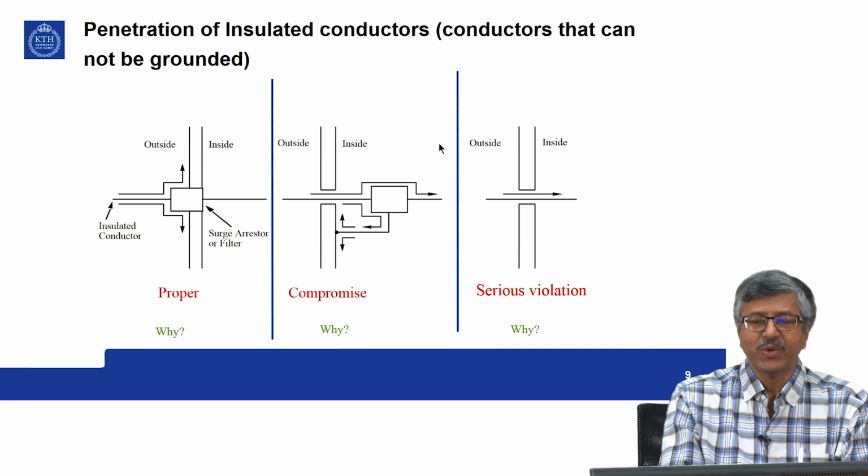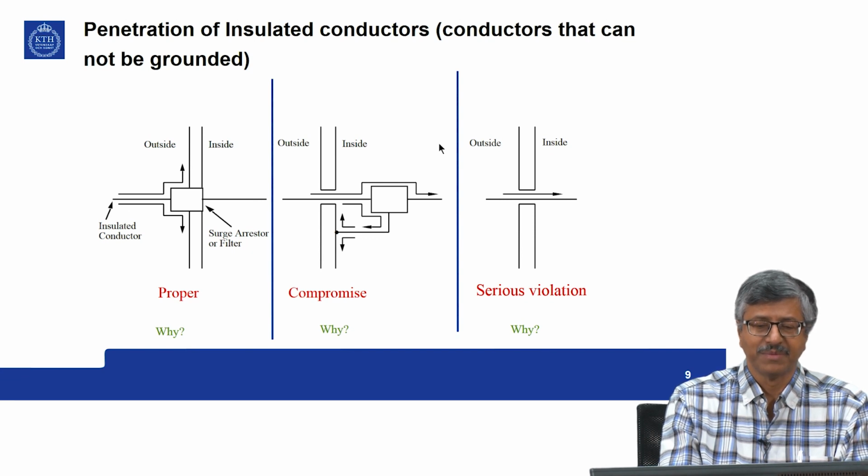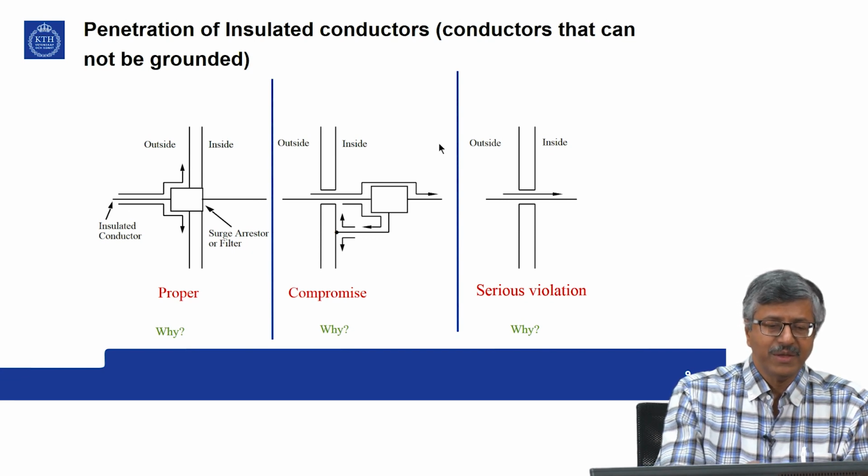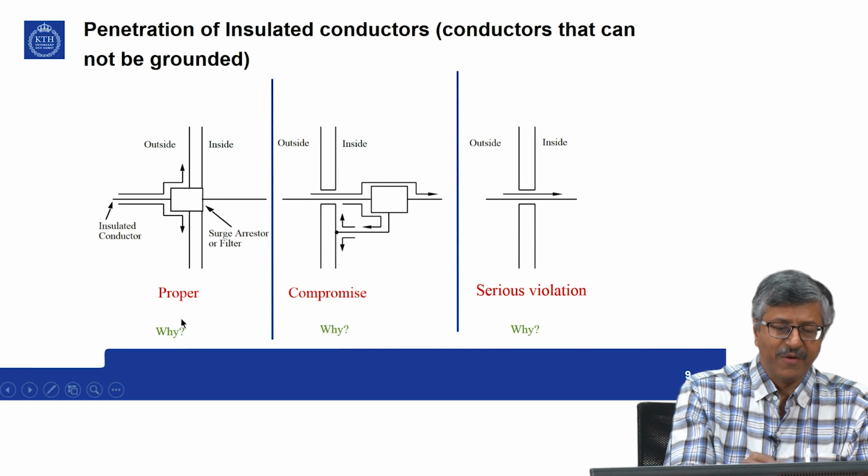You can have insulated conductors penetrating a zone boundary. For example, it can be a power cable or a data cable. So, in that case often you may have a filter and surge arrestor unit also confined to a box. Then this is the most proper way of connection.